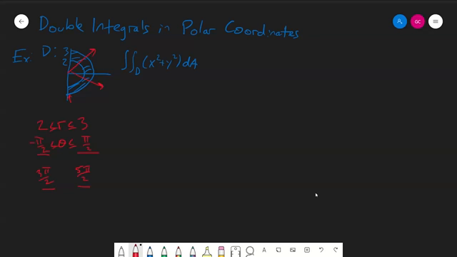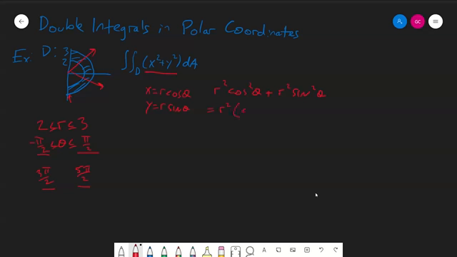The next thing is to convert the function to polar coordinates. Now, if you've done a few of these, then you start to just say, oh, right, x is r cosine theta, and y is r sine theta, and so that means I have r squared cosine squared theta plus r squared sine squared theta. And then you say, oh, well, I can simplify that.